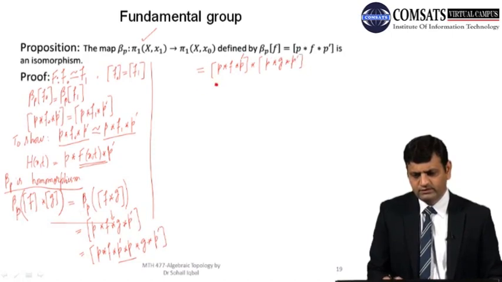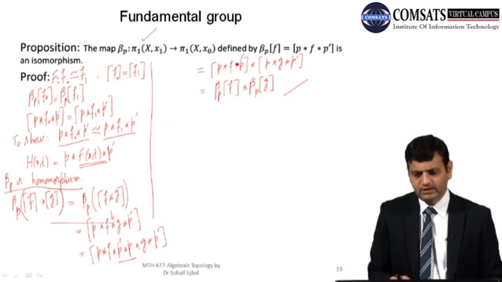So now what is this? This is equal to beta P of f star beta P of g. So this shows that this beta P is a homomorphism.